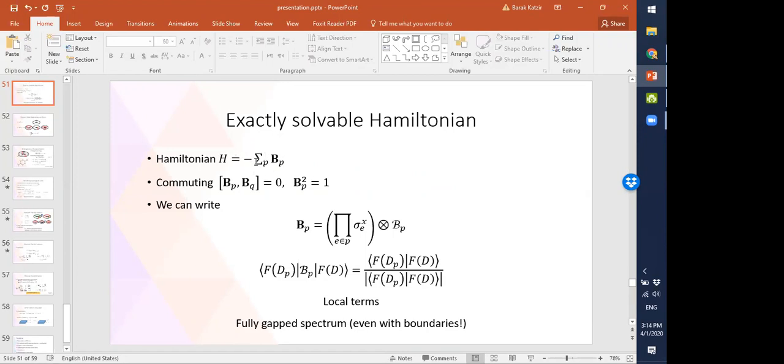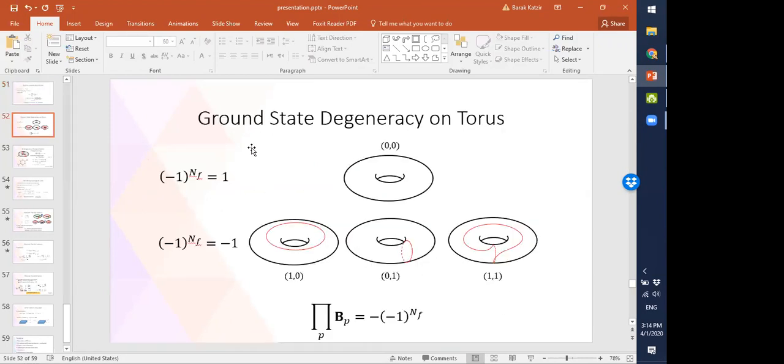So it's an unfrustrated model with fully gapped states, even with boundaries. You can also show that the ground state degeneracy persists. The structure of the ground state degeneracy persists also on the Fisher lattice, the same as on the triangular lattice.